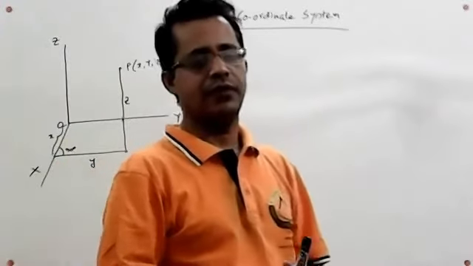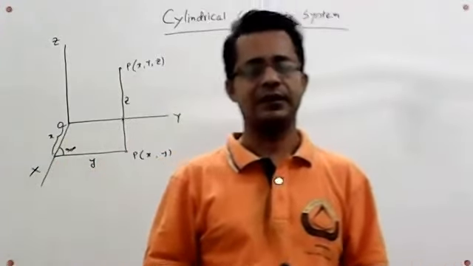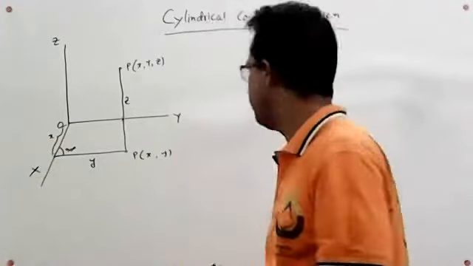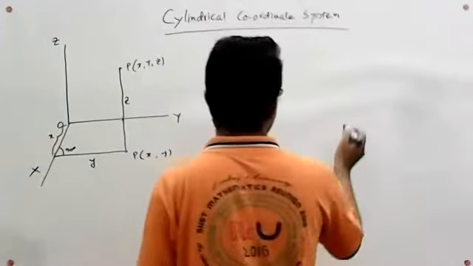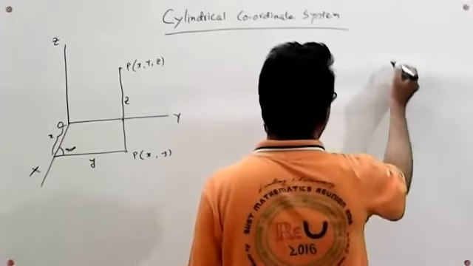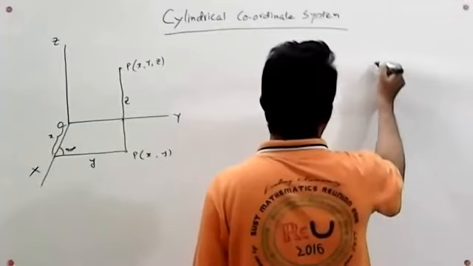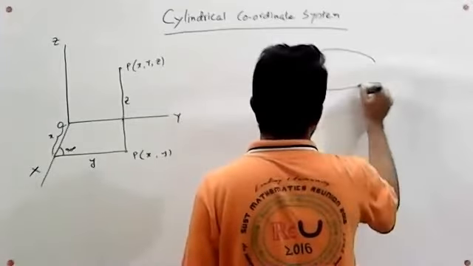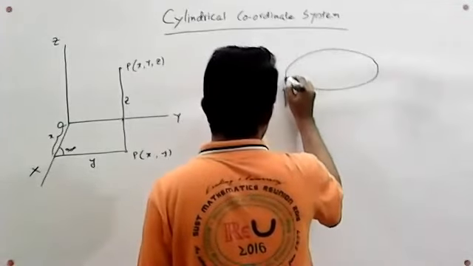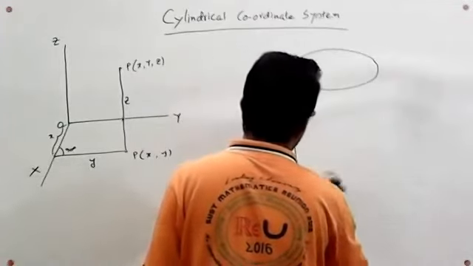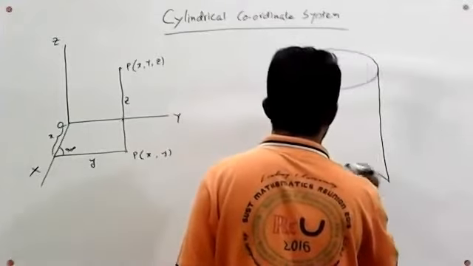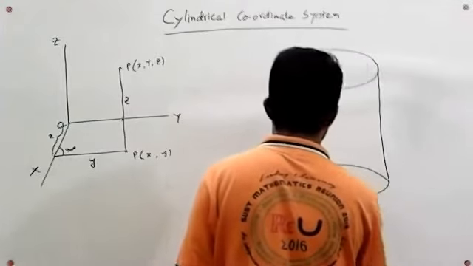Now, for discussing the cylindrical coordinate system, at first we will form a cylinder. Suppose we have a cylinder like this, a right circular cylinder.